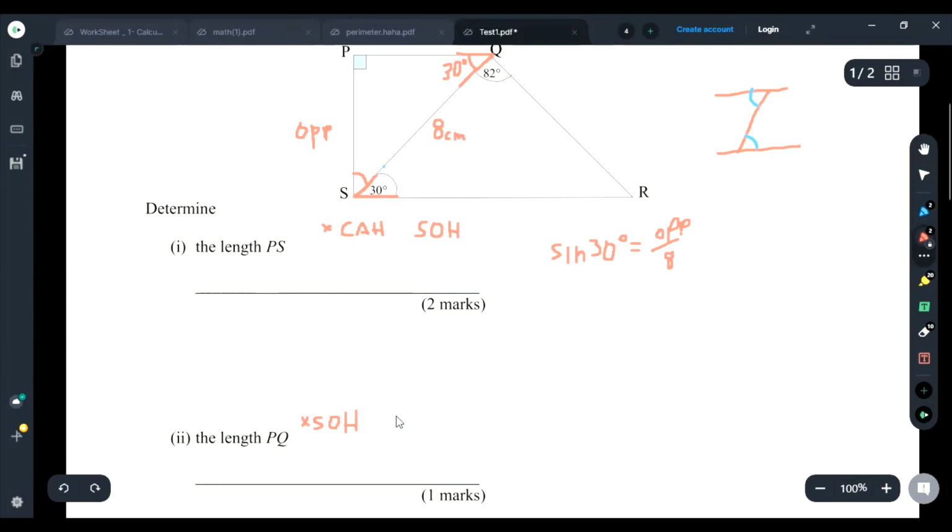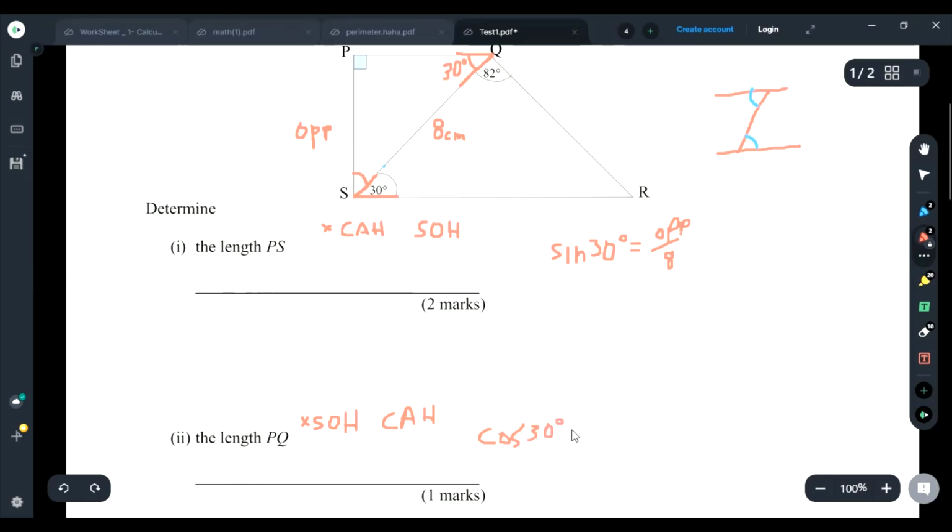We're going to use cosine. I'm going to use the adjacent over the hypotenuse. Okay, so cosine would be cosine 30, same angle.